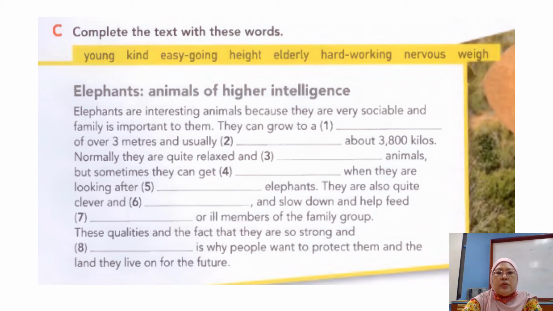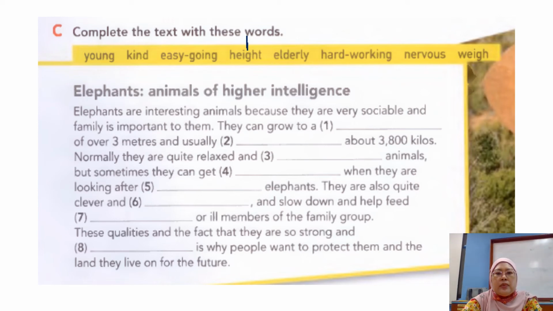They can grow to a what of over 3 meters? Is it a way or a height? 3 meters means height, isn't it? So this is the answer for number 1.